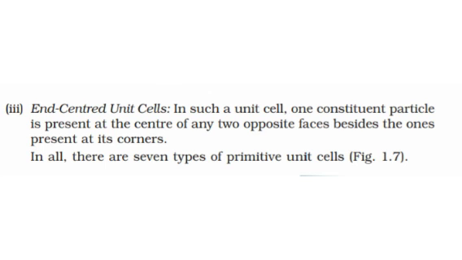End-centered unit cells. In such a unit cell, one constituent particle is present at the center of any two opposite faces besides the ones present at its corners. In all, there are 7 types of primitive unit cells.